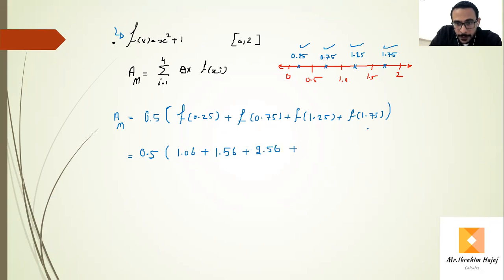Okay, plus the last one, f of 1.75, which is 4.06.